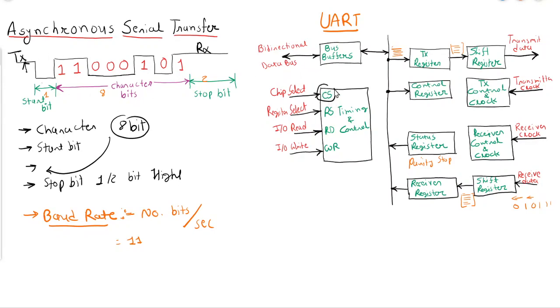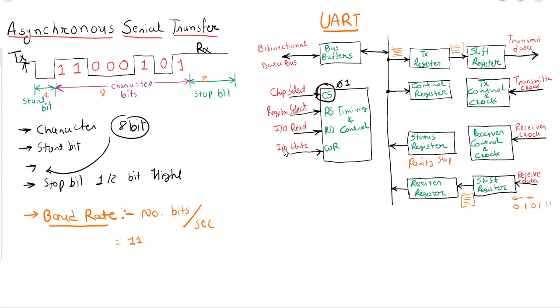If the value of chip select is, let's say, 0, then the entire interface will be in a high impedance state or disconnected state. So this interface will work whenever the value of CS or chip select is 1.